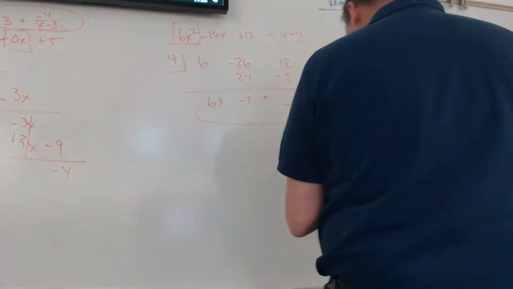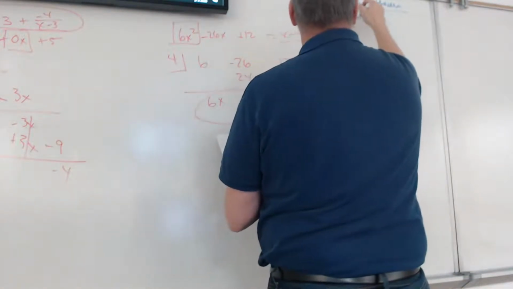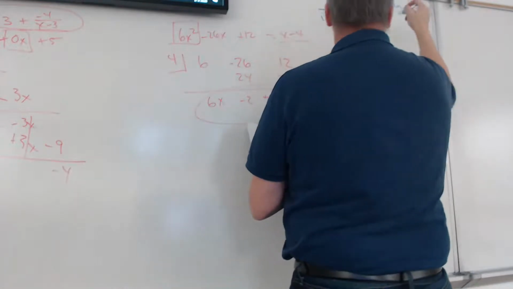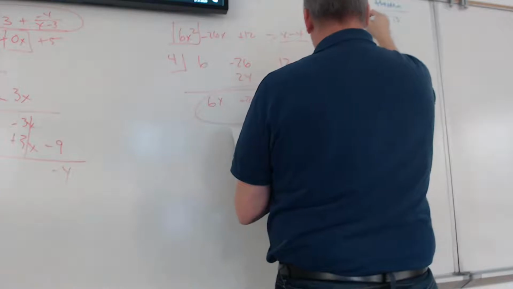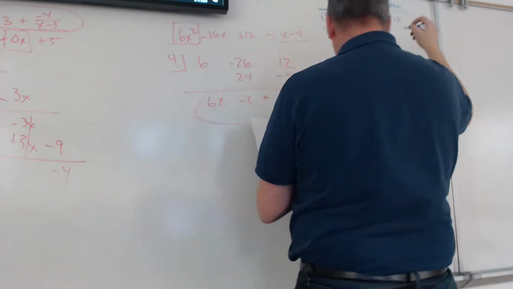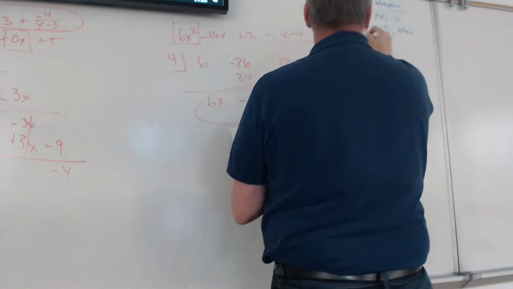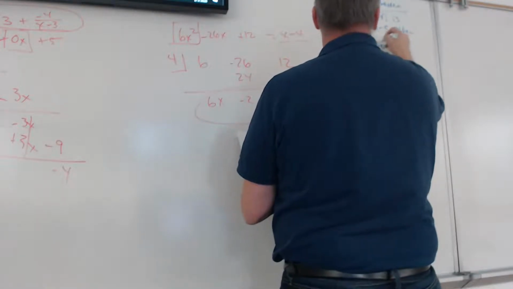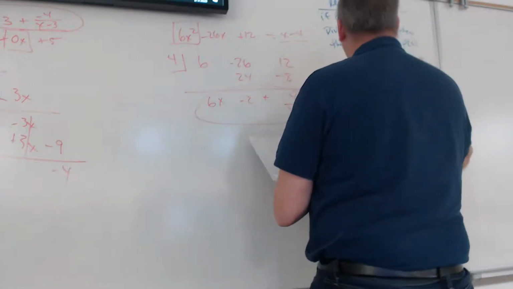So the remainder theorem says if polynomial p of x is divided by x minus c, then the remainder is p of c.